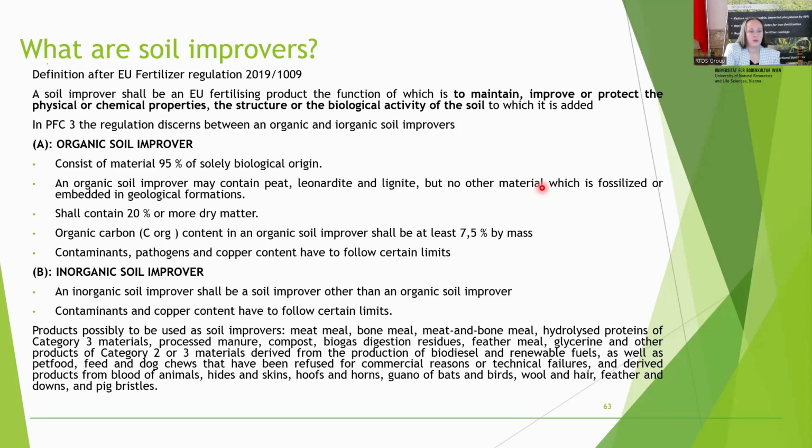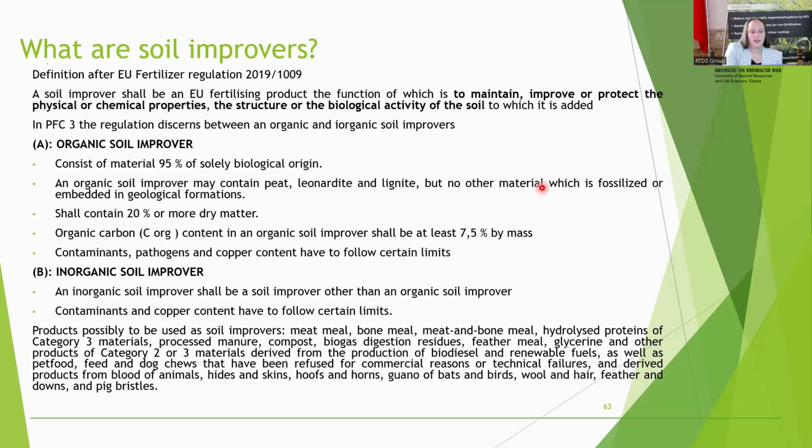And you have to have more than 20% dry matter. And of course, a very important point are the contaminants. You have to stick to certain limits that you can have, so you need a lot of testing for your product.